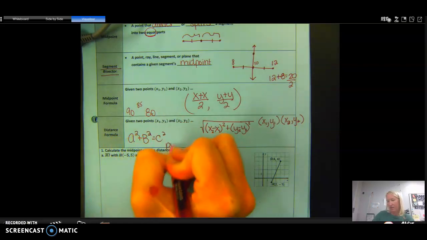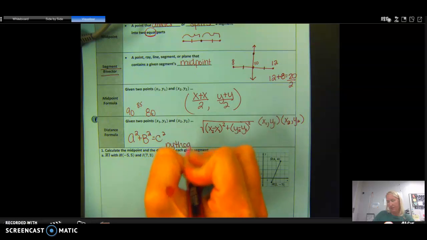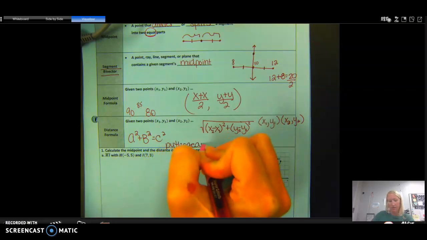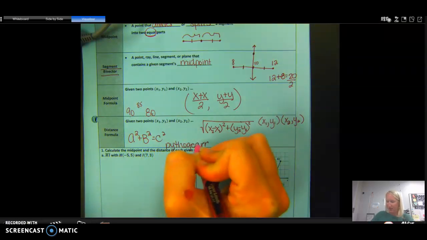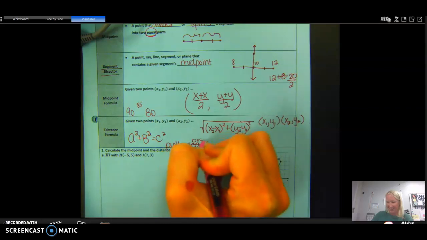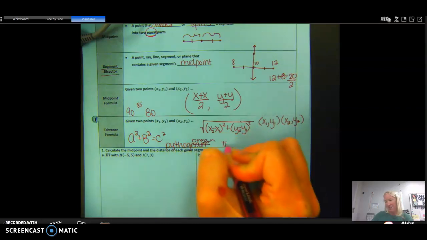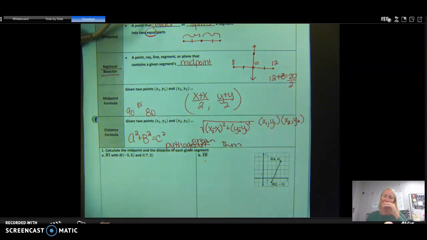That's Pythagorean. Pythagorean theorem is another way to find distance. And from what I understand, you guys may not have gotten into Pythagorean theorem last year, but we will get into it this year. You're supposed to cover it, I think, at the end of algebra. Someone can let me know at some point whether you guys got into that or not.